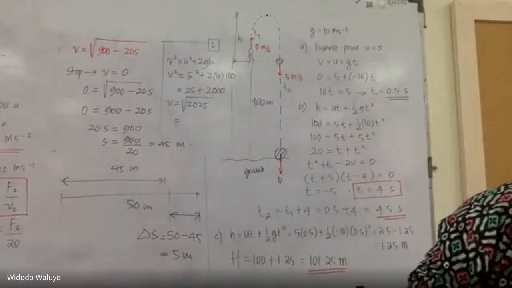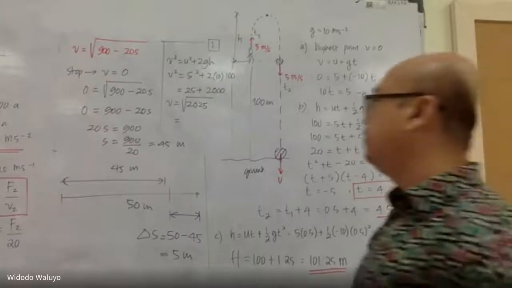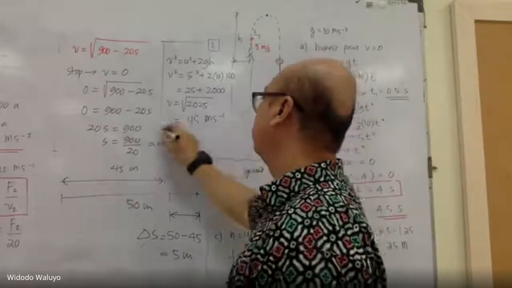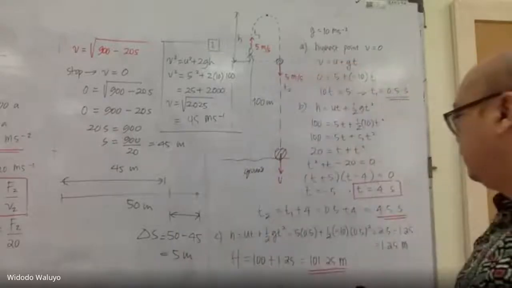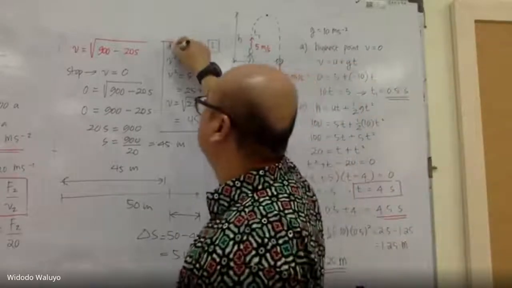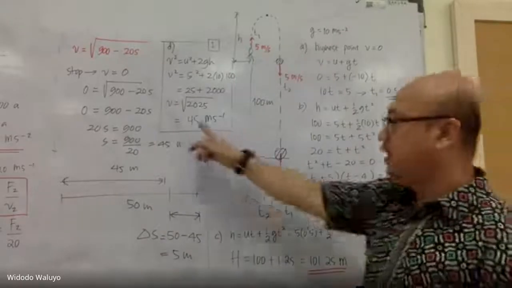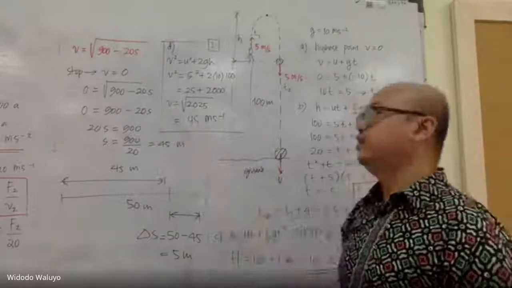Root of 2025 is 45. This is 45 meter second minus 1. This is the D1. So the velocity until it hits the ground is 45 meter second.